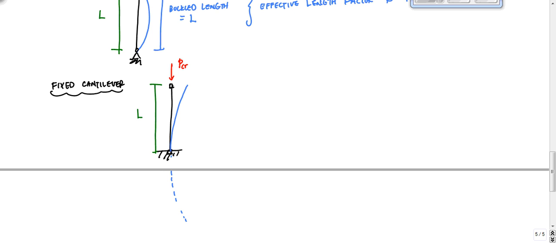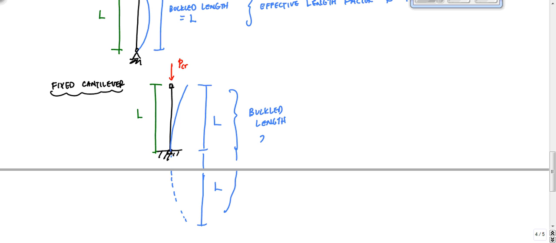To complete an entire buckled length, I have this L and this L, and my buckled length in this case is 2L, which means that I have an effective length factor K of 2.0.